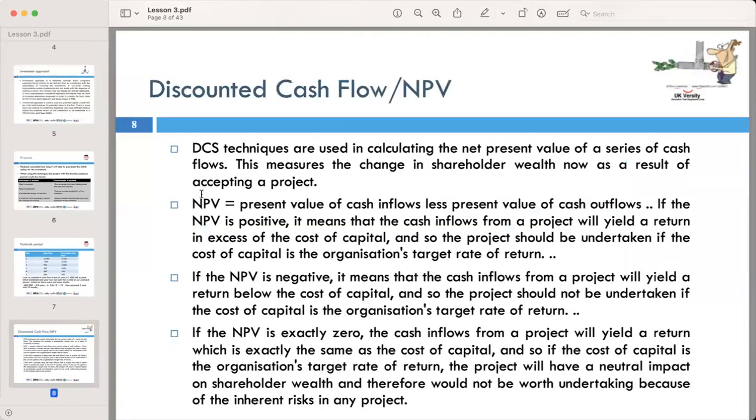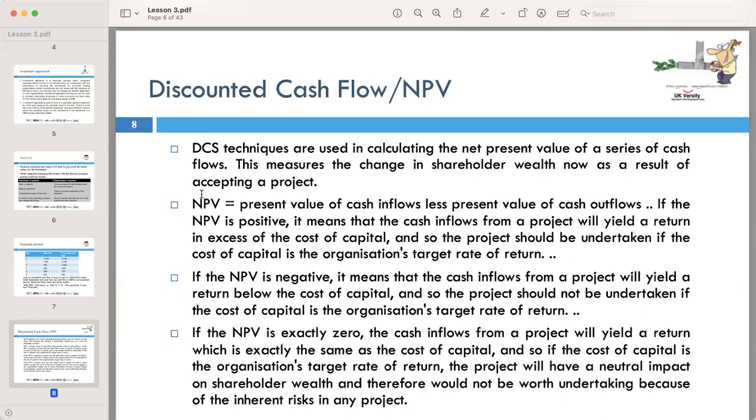So discounted cash flow, net present value. Another technique is discounted cash flow or net present value. This technique measures the change in shareholders' wealth resulting from accepting a project. The net present value is calculated by finding the present value of cash inflows and subtracting the present value of cash outflows.